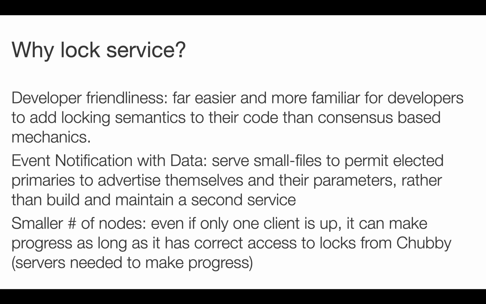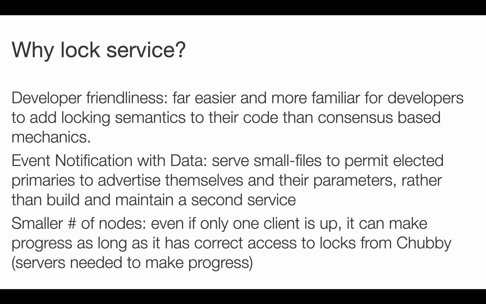It looks like the Paxos protocol could be used to solve the consensus problem, but the Chubby team decided to implement a lock service for these reasons. First of all, developer friendliness: the author claims that developers are more familiar with locking semantics, and it is easier for them to add locking semantics to their code than consensus-based mechanisms.